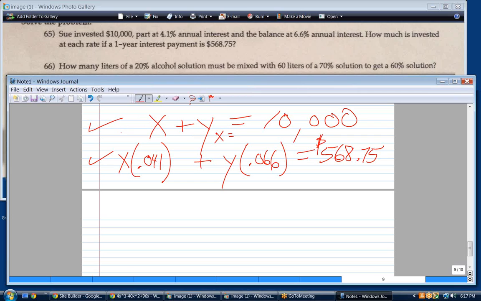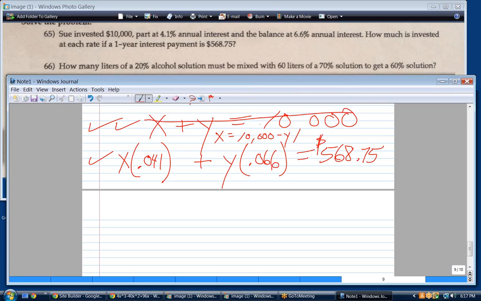Manipulate this equation so that you end up with just x all alone. Yeah, so 10,000 minus y. You see why? I have to subtract y from both sides. So this equation is the same as x equals 10,000 minus y.